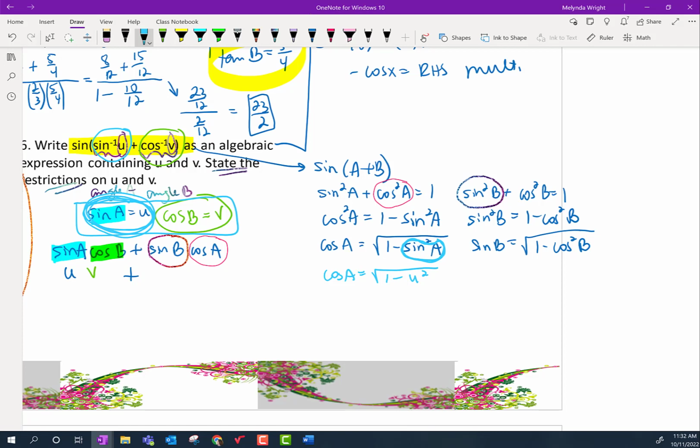Now let's look at cosine of B. Cosine of B is V. So I'm going to replace cosine of B with V. I'm going to pause there for just a moment.